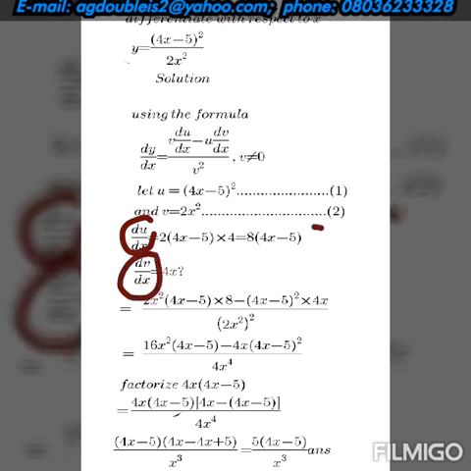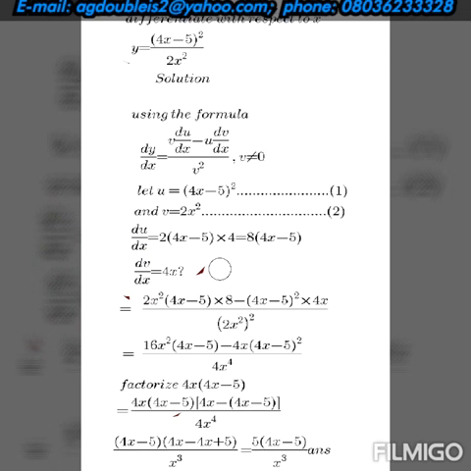These are your answers respectively. Those answers will be substituted in the formula. With du/dx and dv/dx, and your v and your u having their functions, you'll be able to substitute completely.